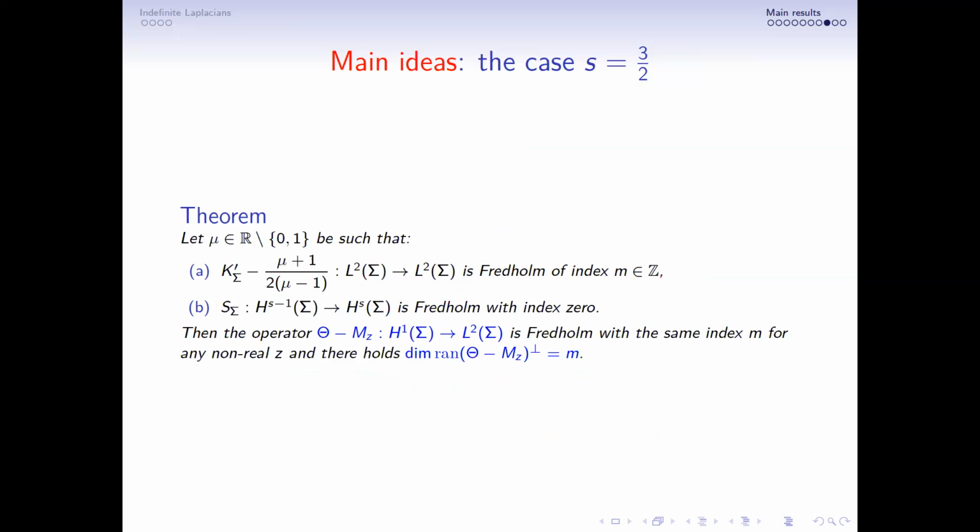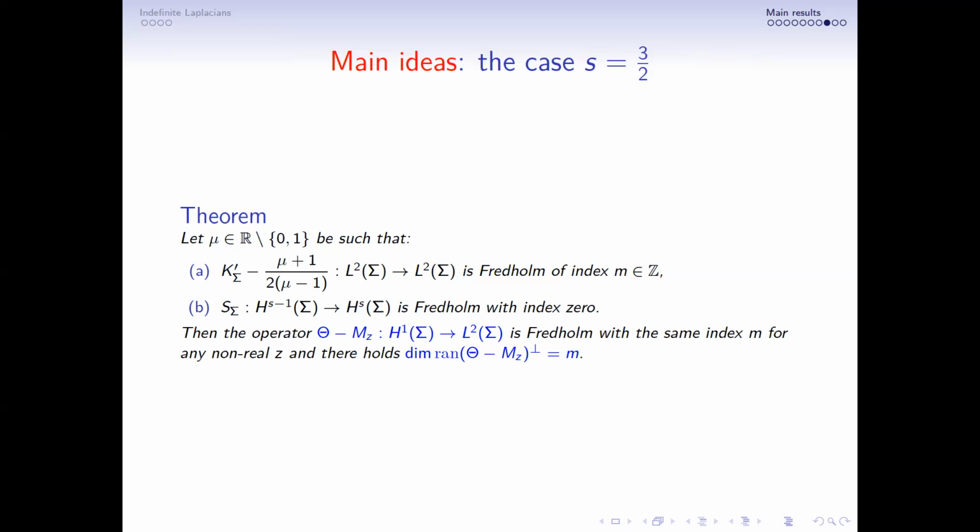And for this, at this point, the Neumann-Poincaré operator comes in. In fact, if we have the following, so for mu in this range, if you suppose that this is Fredholm of index n in z, and the single layer is Fredholm with index 0, then in this situation one can prove that theta minus mz is Fredholm with index n.